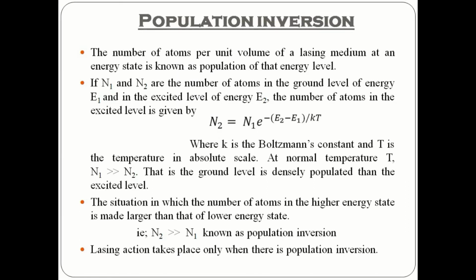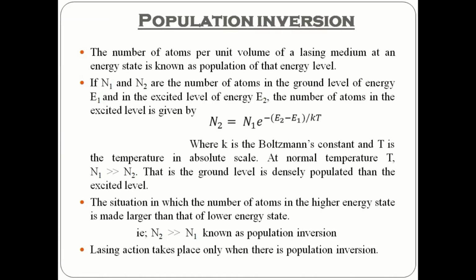Here we can conclude that the number of atoms in the ground level is higher than the number of atoms in the excited level. That is, at normal temperature, the ground level is more densely populated than the excited level. So this is the normal condition.